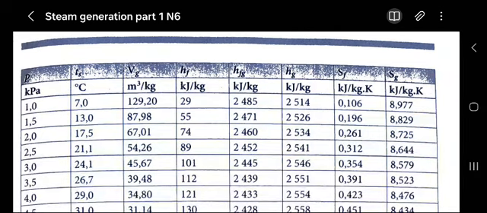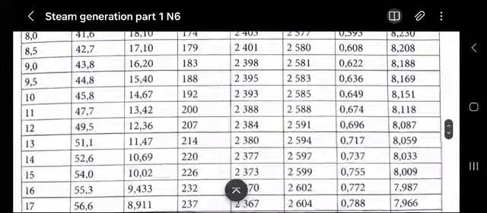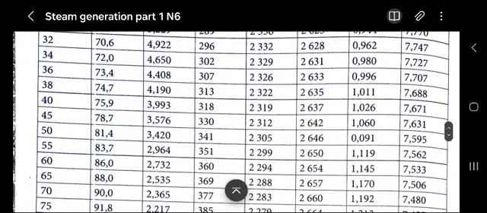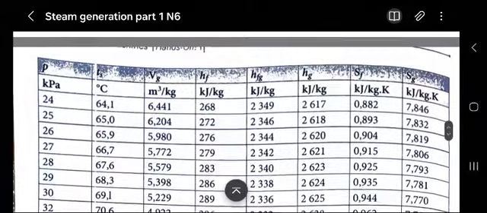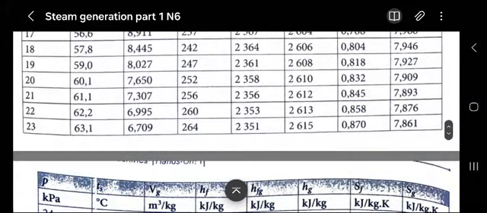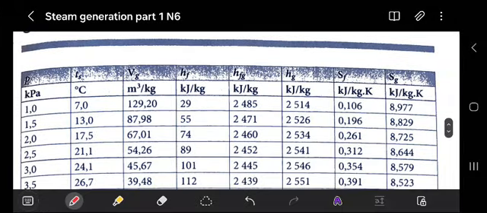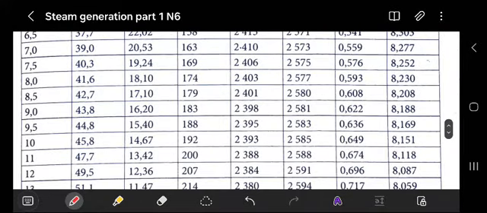Let's check. We want the temperature 44.8. Remember here this is for temperature, isn't it? So let's check 44.8. Here it is in this row. So what do we want?